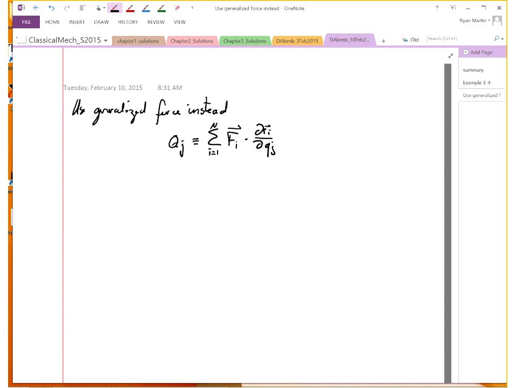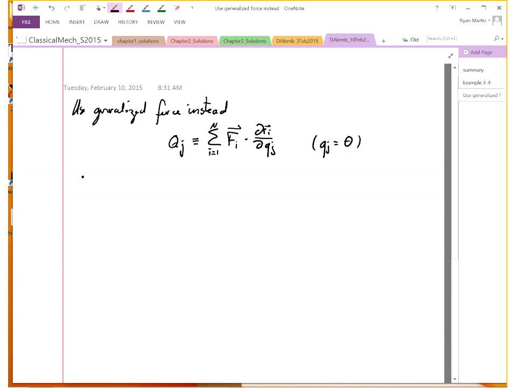So we've already written the Fi's, but we need the ∂Ri's by ∂Qj. And so remember, in this case, Qj, our generalized coordinate, there's only one of them, and it's theta. So there's only one component of the generalized force because there's only one generalized coordinate, and that's theta.